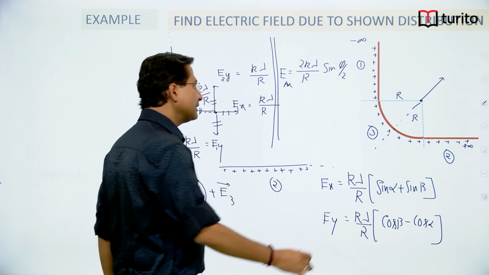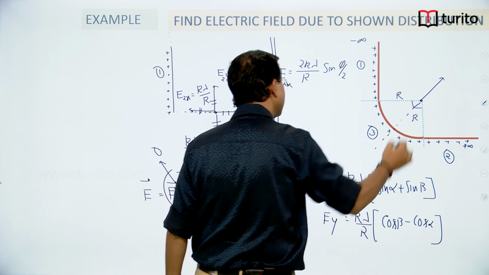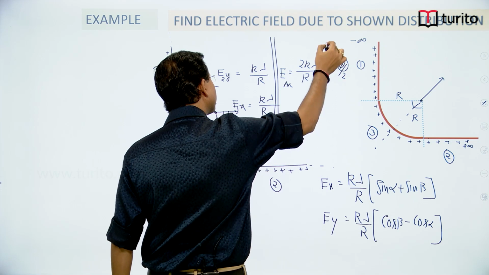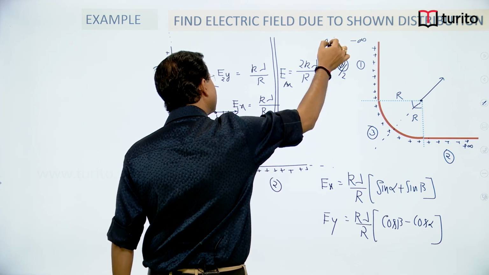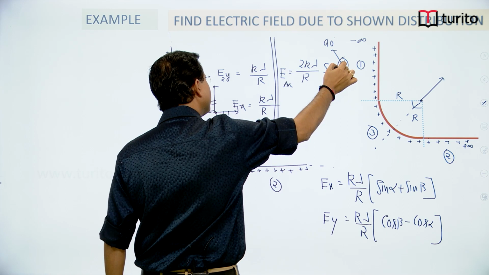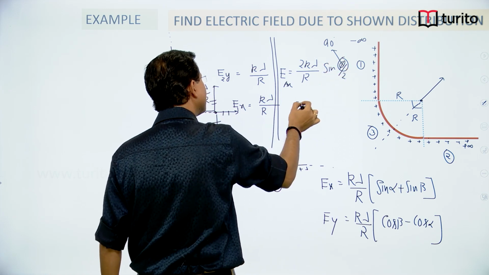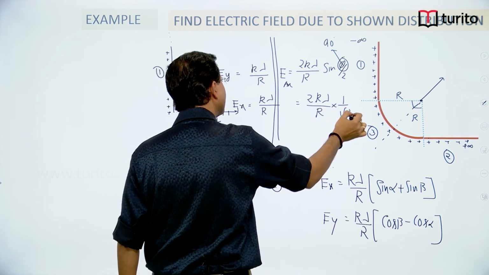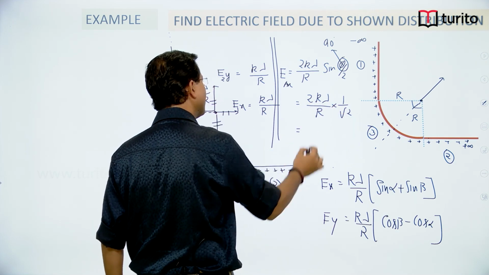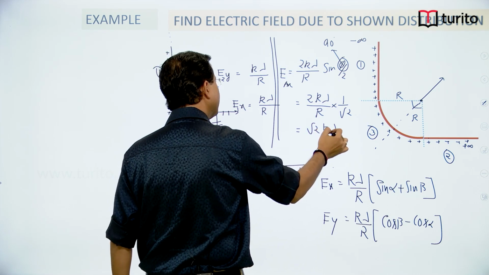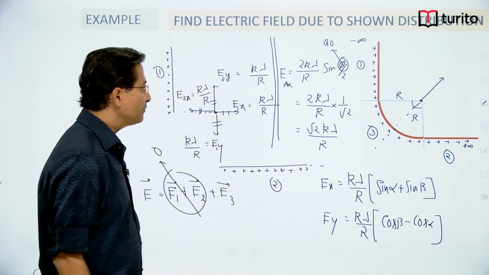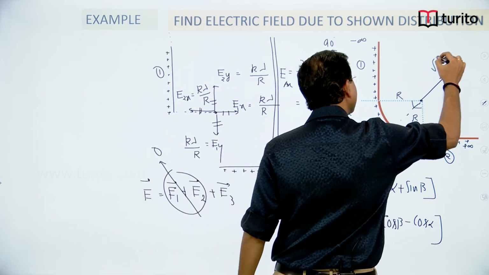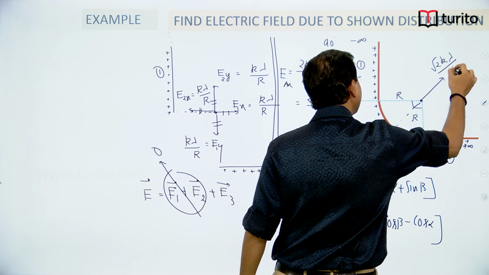Here the angle subtended by the arc at the center is 90 degrees, so phi will become pi by 2 or 90 degrees. 90 by 2 gives you 45, sine 45 is 1 upon root 2. So this will become 2k lambda divided by r into 1 by root 2, and if you simplify, that will become root 2 k lambda by r. That means the field will be in this direction and its magnitude will be root 2 k lambda divided by r.